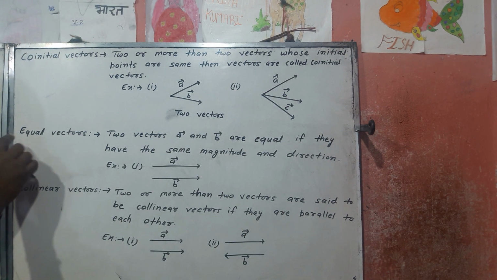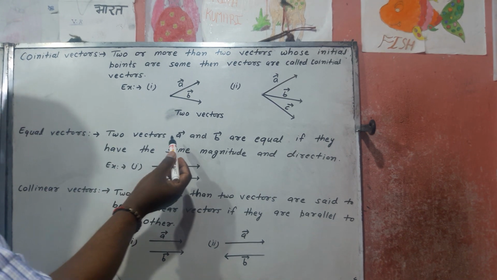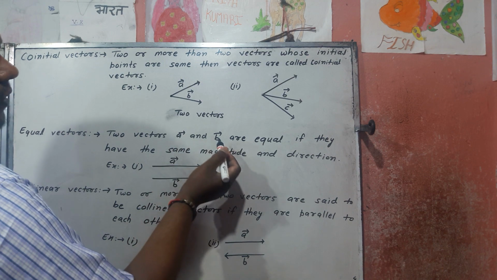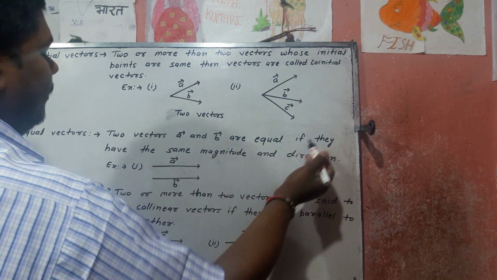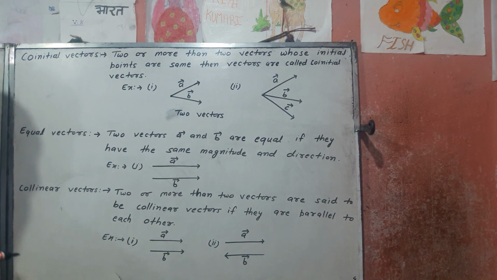Next definition: equal vectors. Two vectors A and B are equal if they have the same magnitude and direction. We can also give definition of equal vectors.